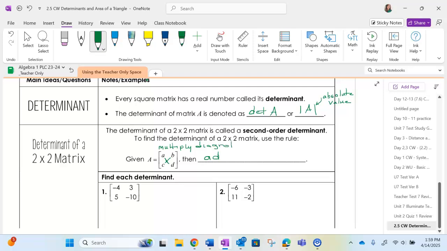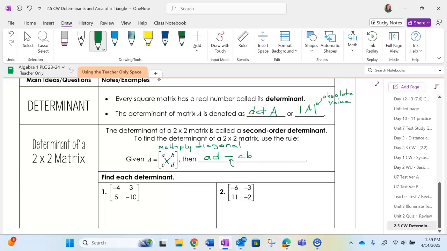As long as you know what a diagonal is. So A times D minus C times B.